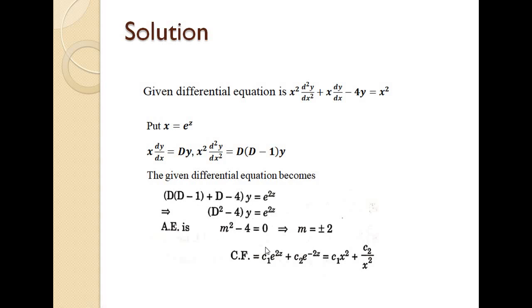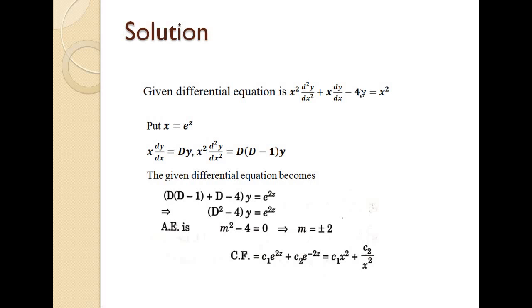So the complementary function will be in terms of its independent variable. Here the independent variable is z, so the complementary function is in terms of z, but we require the solution in terms of y and x. So the complementary function should be in terms of the independent variable involved in the given differential equation.